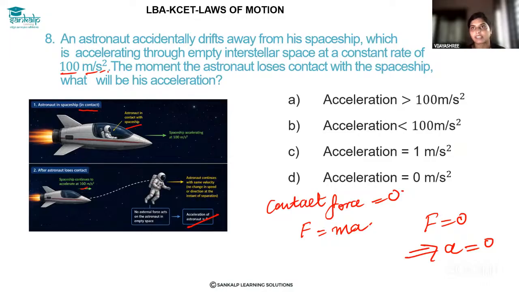Okay, this is the concept according to the first law of motion. So the right answer here is option D, acceleration equal to 0 meter per second square. Thank you.